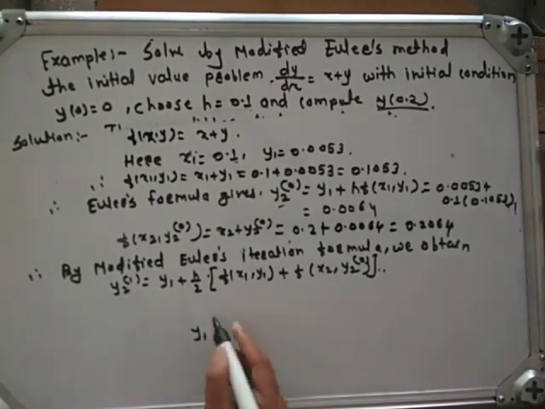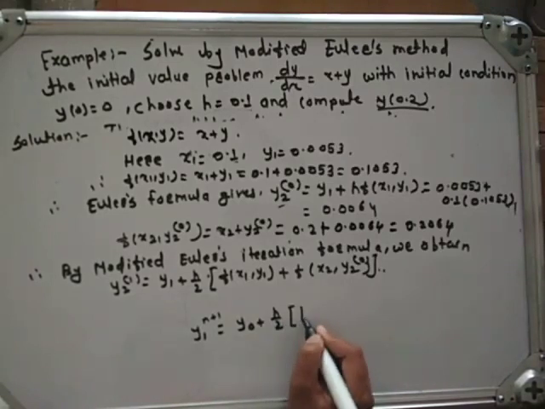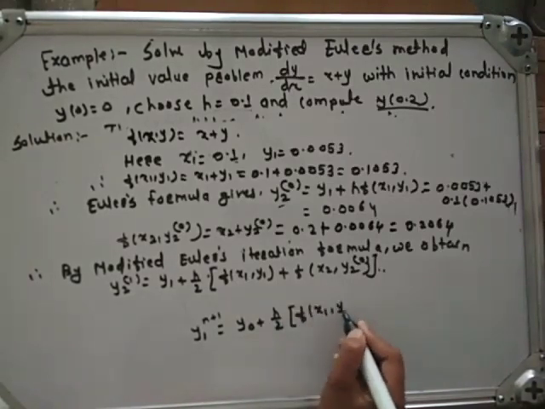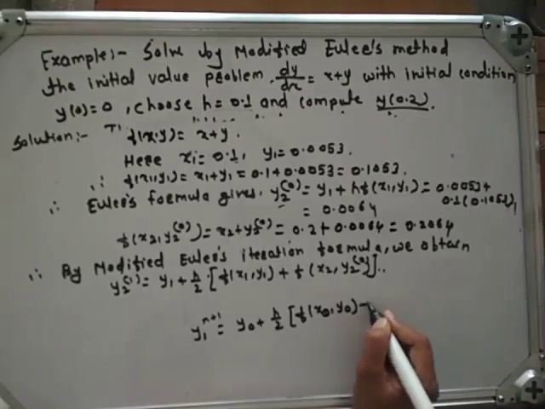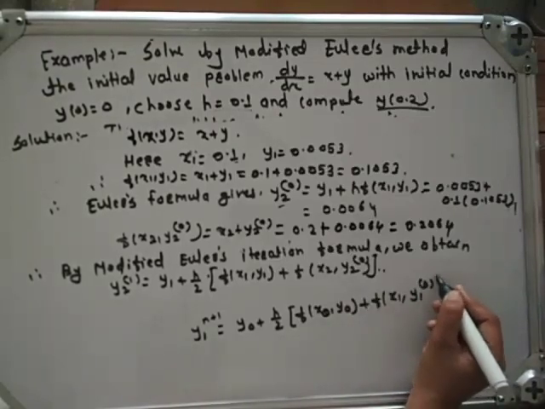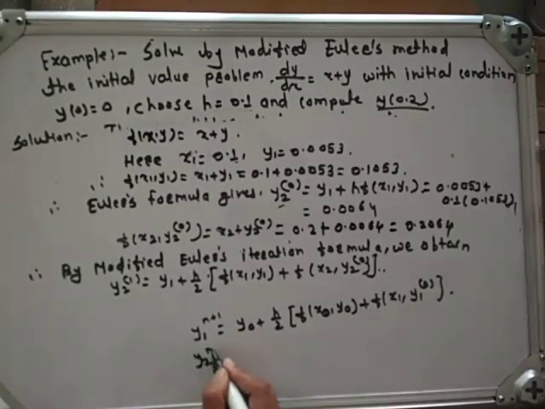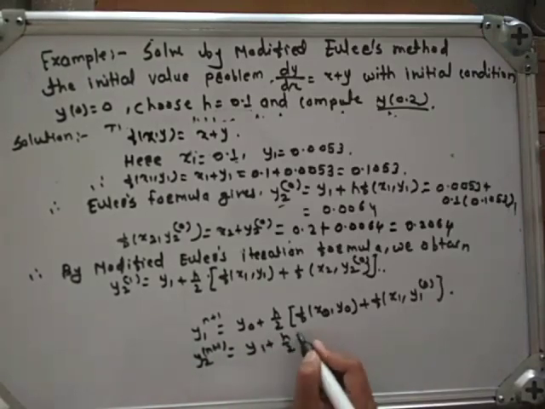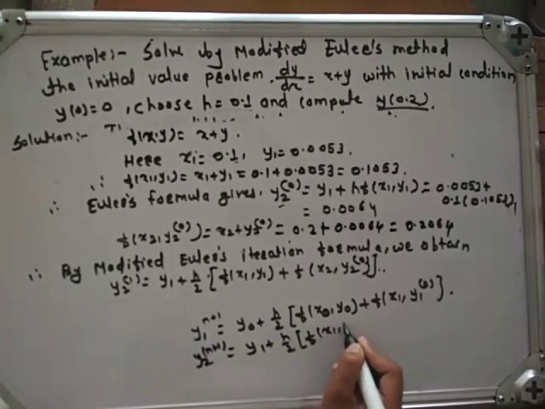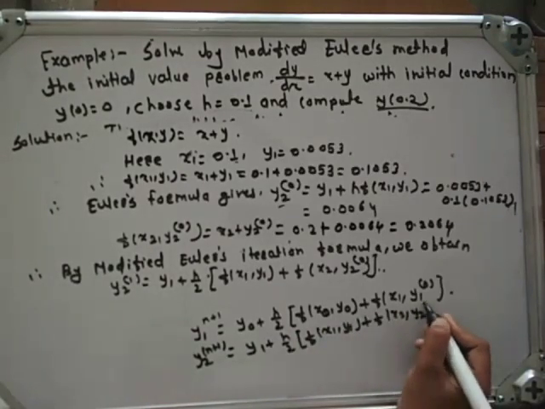For y1 n plus 1, your formula is y0 plus h by 2 into f of x0, y0 plus f of x1, y1 0. Similarly, for y2 n plus 1, your formula will be y1 plus h by 2 into f of x1, y1 plus f of x2, y2 0.